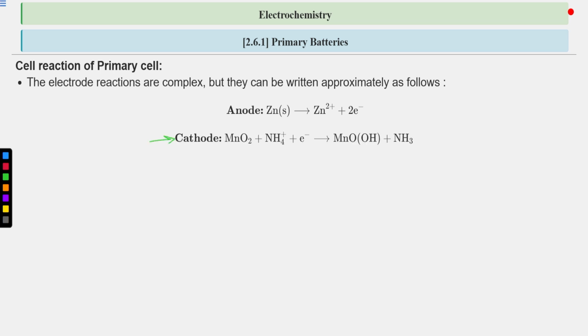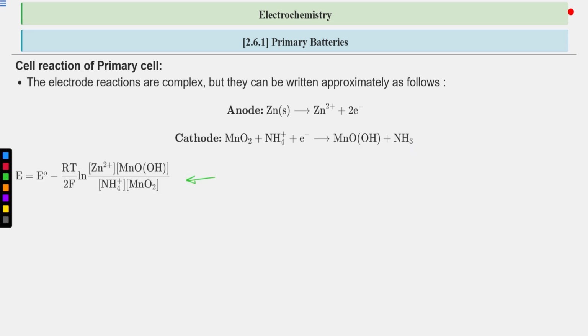Now the cathode has this reaction: manganese dioxide, MnO2, plus ammonium ion, NH4+, gaining an electron, and converting to MnOOH plus ammonia, NH3. This is the reduction process. The gaining of the electron is happening at the cathode.